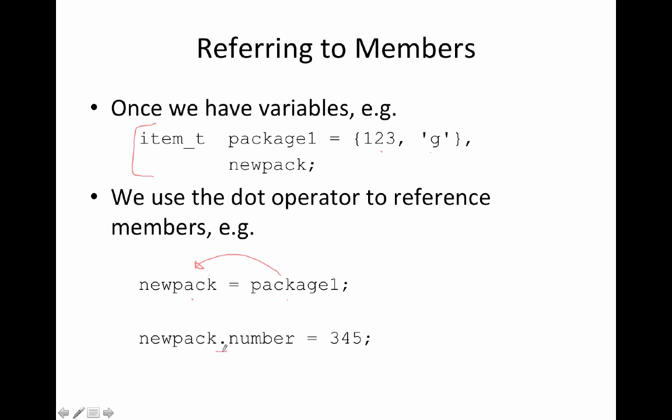So I'm going to use the dot operator to refer to the number member within the newpack structure variable, and I'm going to assign to that 345. So the character code would be G for both of the structure variables, and the first value, the number, is going to change from 123 for package1 to 345 for newpack.